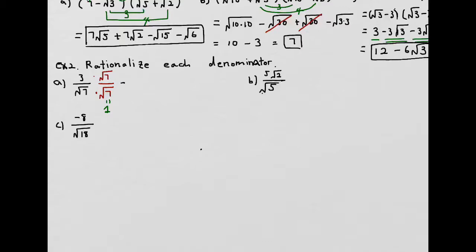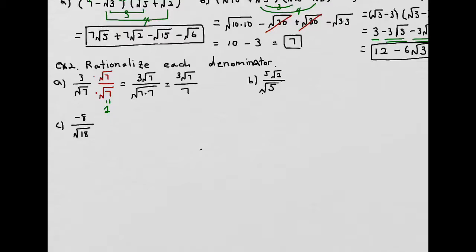But at the same time, you'll be able to get two of the same value inside of square roots. So this gives you 7. And that's how you're going to rationalize, or get rid of the radical from the denominator, right? And this only works when you have one term.